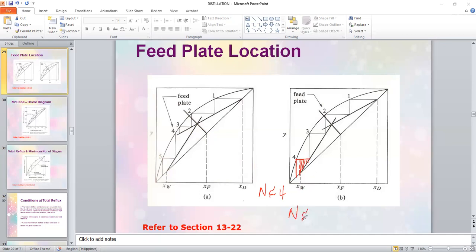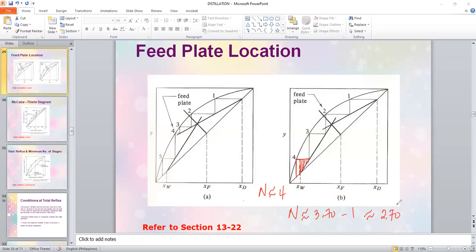So I would say this is more or less 3.5. Probably if I divide by 3. So this would be around 3.70. It's not equal to 4. But I need to subtract 1 because as I've said, the last part is the reboiler. So your column in this case only has 2.7 stages.